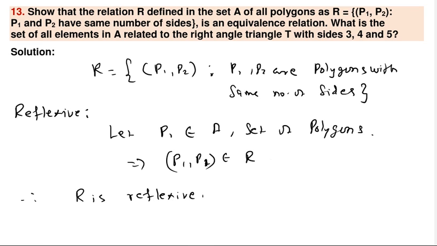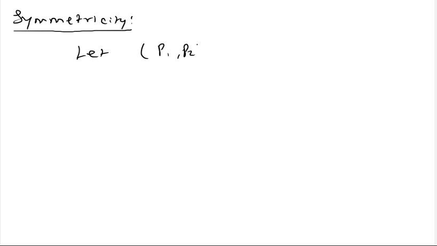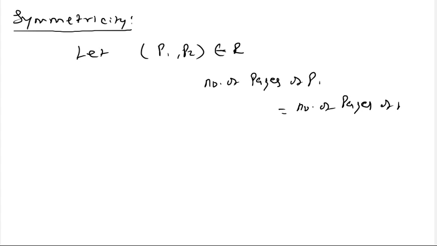Now we have to test the symmetric nature. Let us take an arbitrary member (P1, P2) of the relation R. That means the number of sides of P1 is equal to the number of sides of P2.